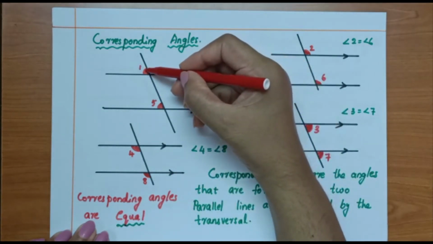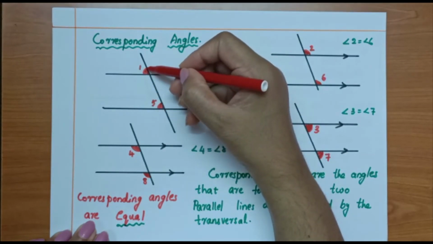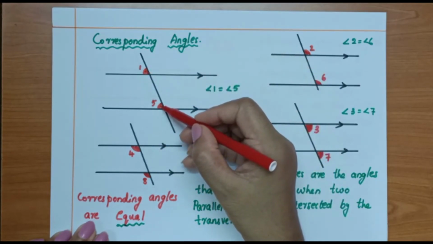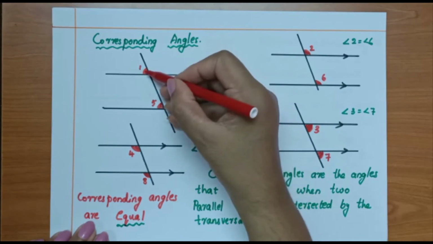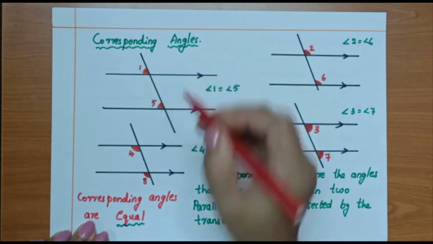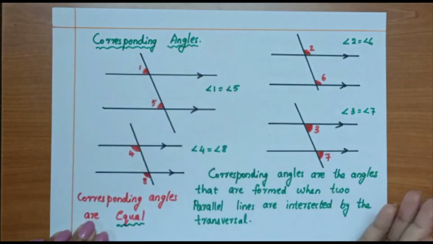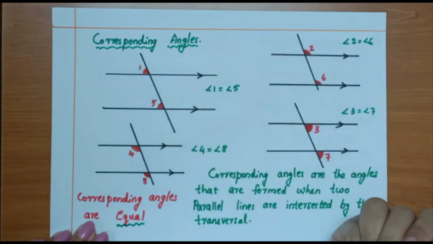Here, we have angle 1 and angle 5. That means one is exterior of this parallel line, one is interior of this parallel line. So you must check only the position. And one more thing, it should be the same side of the transversal. So angle 1 and angle 5 are corresponding angles.